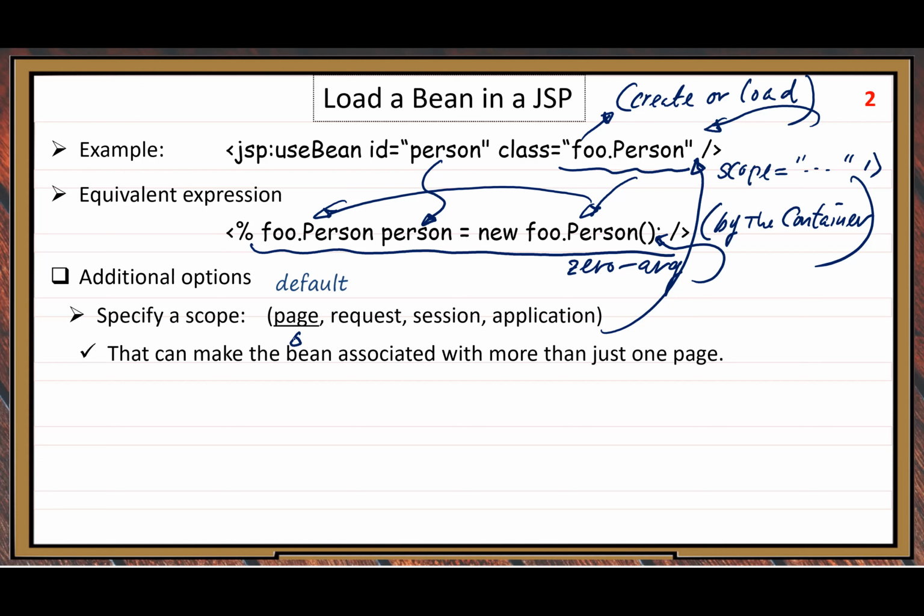That can make the bean associated with more than just the one page for the remaining 3 scopes, not a page scope. Then you can associate that bean for multiple pages.